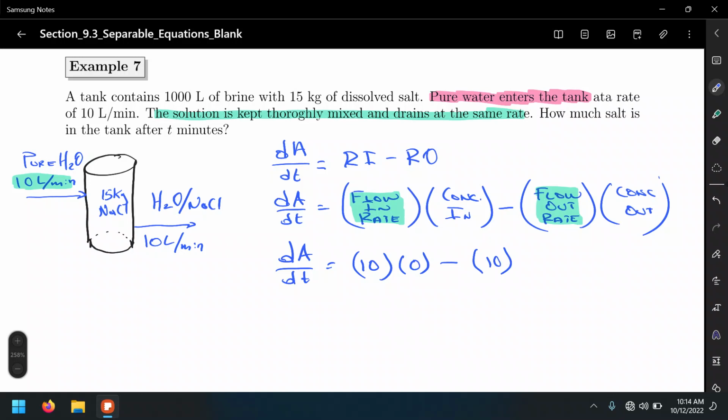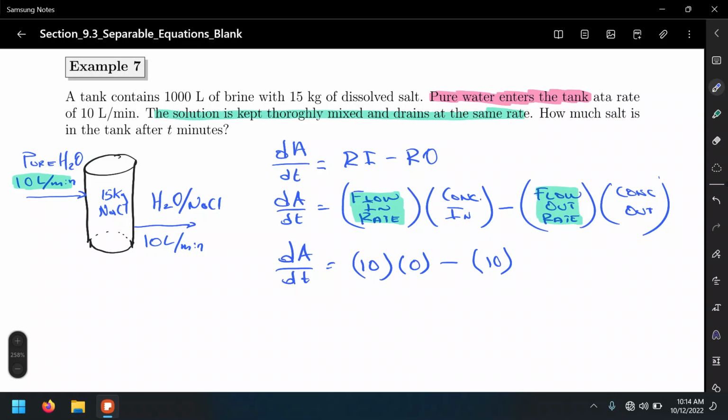This is actually what changes because, well, the more water that comes in, even though it's at the same rate, the mixture comes out of the tank. So this is what happens because pure water is coming into the tank. This is making the concentration of salt become smaller every time because what are we getting out of the tank? We're getting a mixture of water and salt. All right, so eventually that salt is going to run out after a while. We don't know when, but eventually it's going to run out.